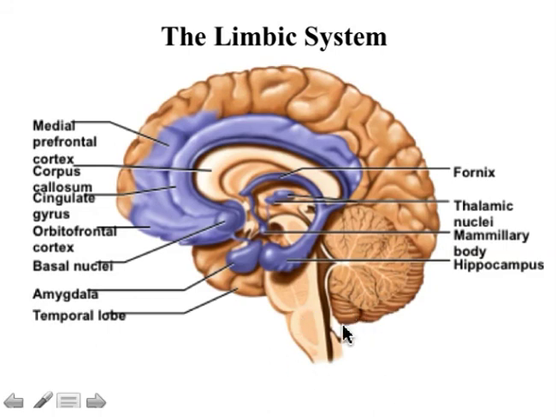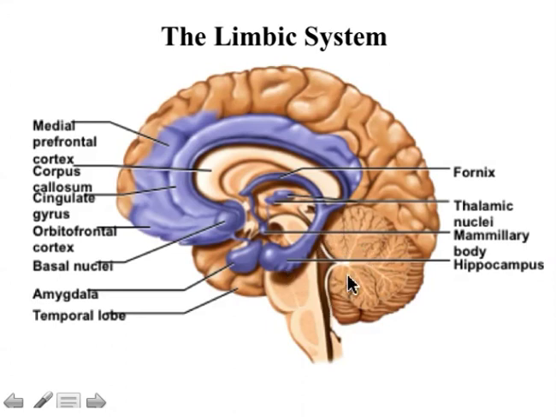And individuals that have damage to the hippocampus have what's called anterograde amnesia, where they don't remember anything immediate that has happened, like within the last day or two, but everything prior to the damage of this structure they can recall.